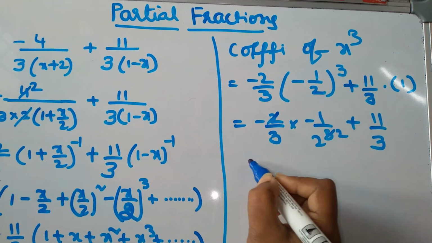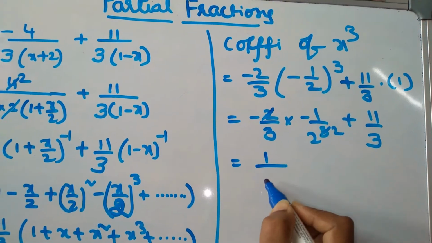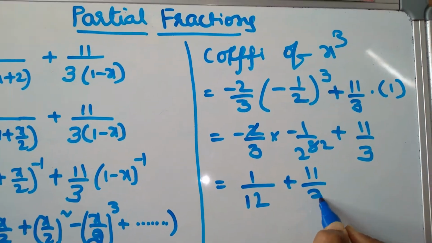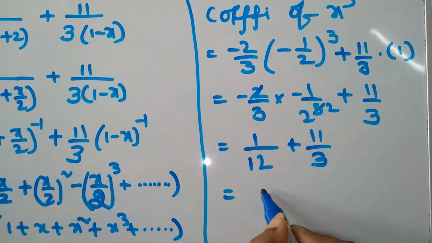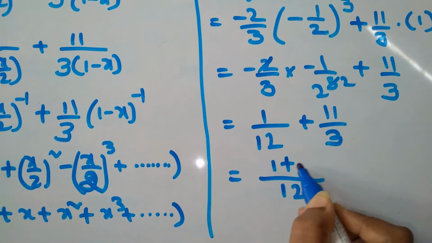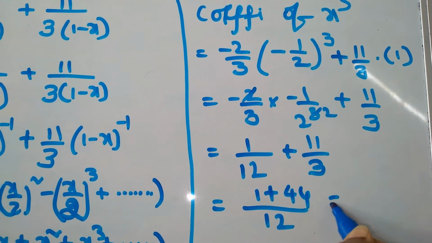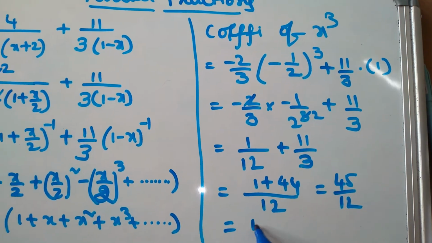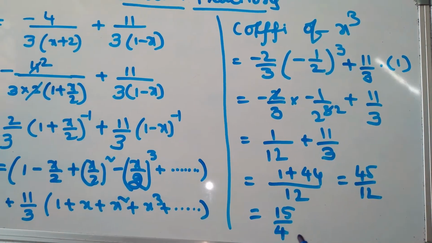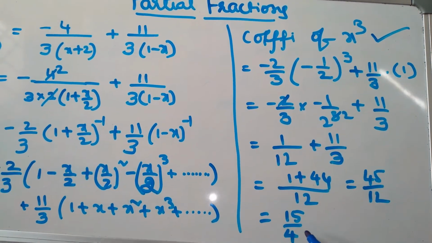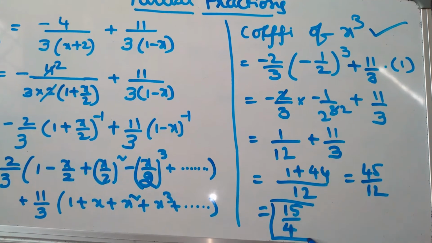So let us cancel out 2. We get 1 by 12 plus 11 by 3, that is equal to, LCM is 12, 1 plus 44, that is 45 by 12, which is equal to 15 by 4. So whatever we want, that is the coefficient of x cube, is nothing but 15 by 4.